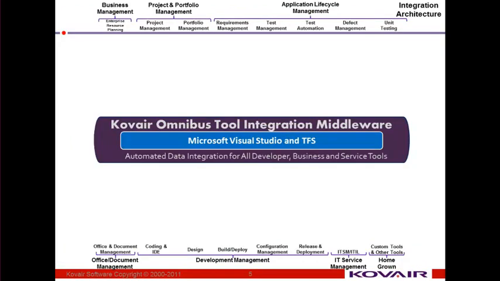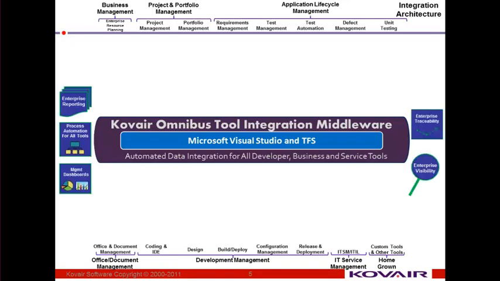Now, let's look at the kind of ecosystem of different kinds of tools we have. So if you look at Kovair Omnibus integration middleware, and for those of you who are using Microsoft Visual Studio and TFS, along with Omnibus, you have the enterprise reporting, the process automation, the management dashboard, the traceability, and overall enterprise-wide visibility all comes together with Omnibus.